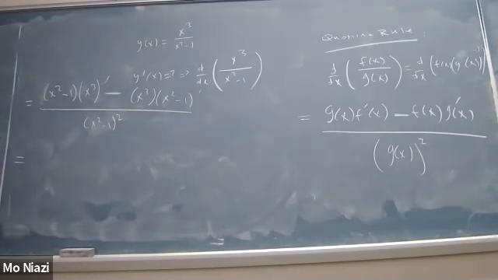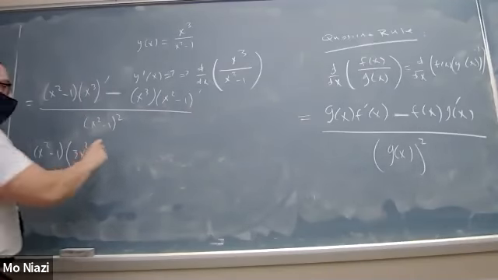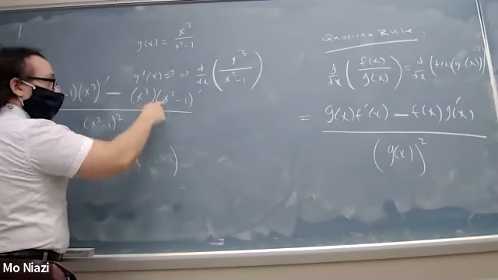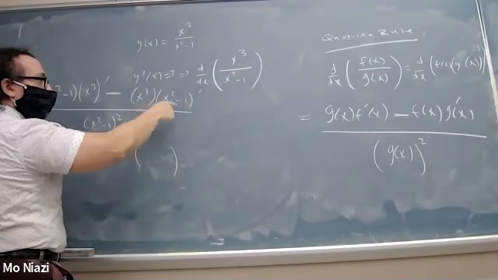So then we just go about our business. This thing just stays this thing. It just goes along for the ride. What has the prime on it gets differentiated. You bring the 3 out front and decrease the power by 1. Then you move on. This just becomes x cubed, but we're differentiating this whole thing in the parentheses.